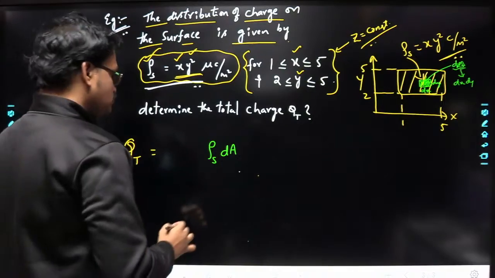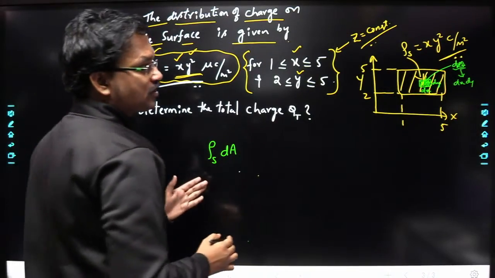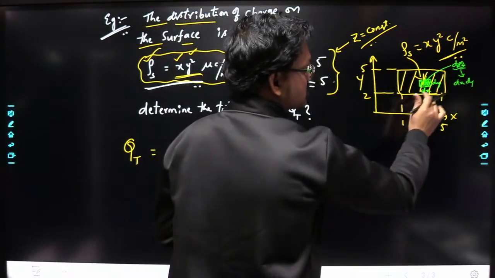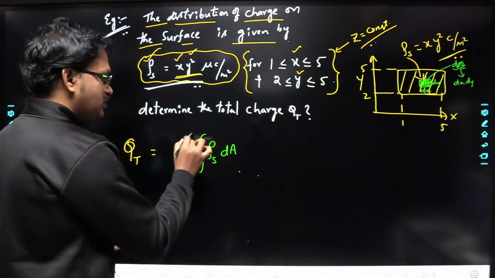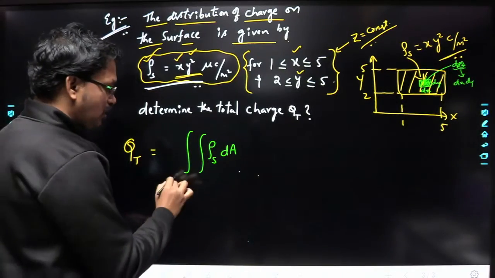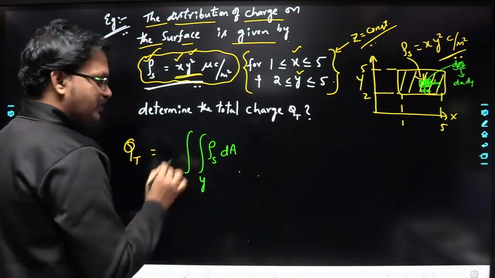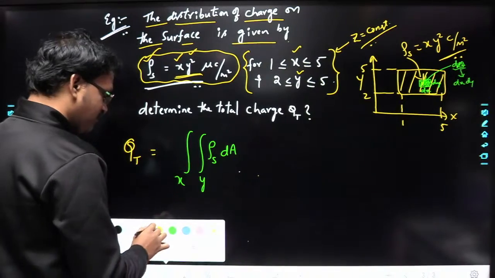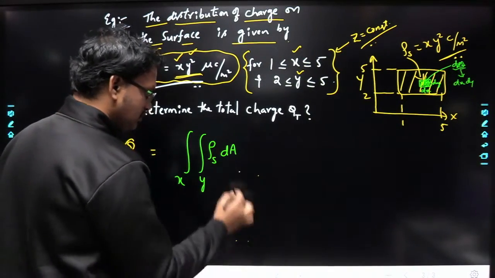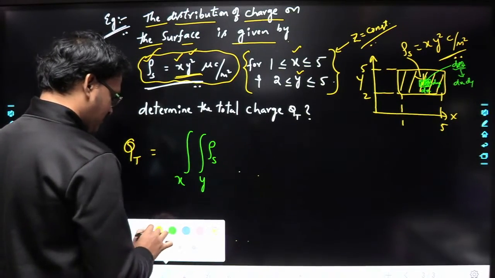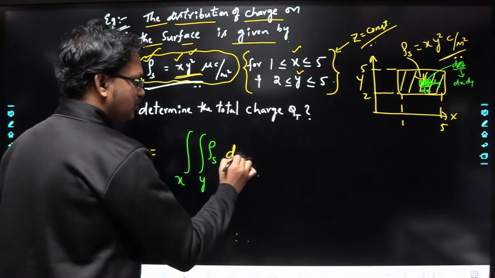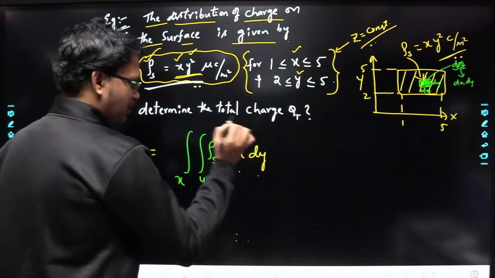If you want the total charge distributed throughout this surface, then you have to integrate with respect to x and with respect to y. The differential area is in the xy plane, so rho s into dx into dy.